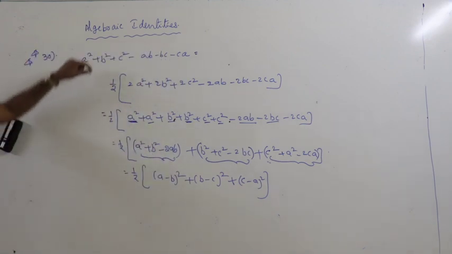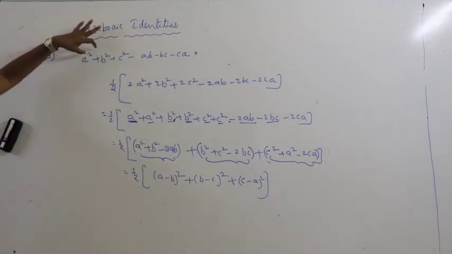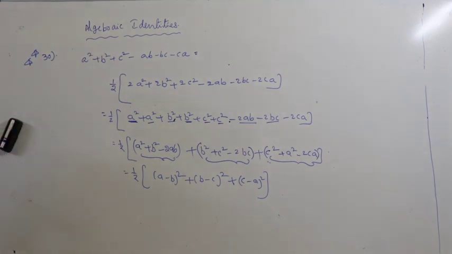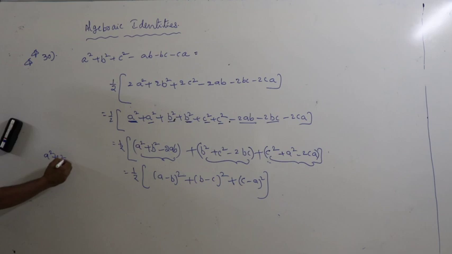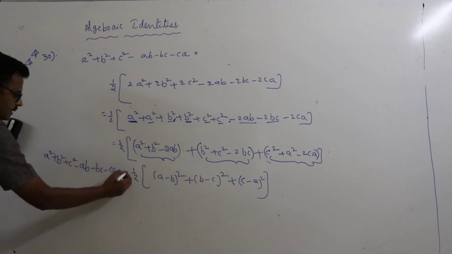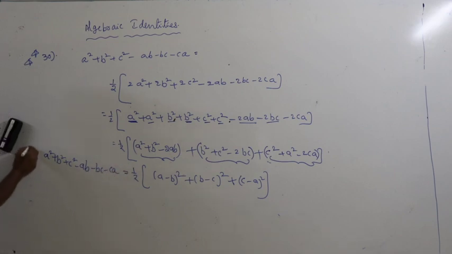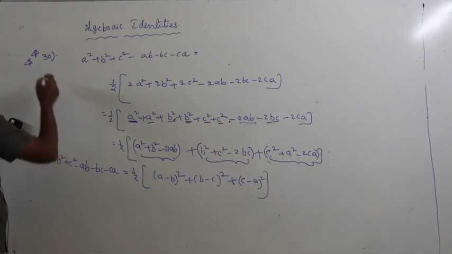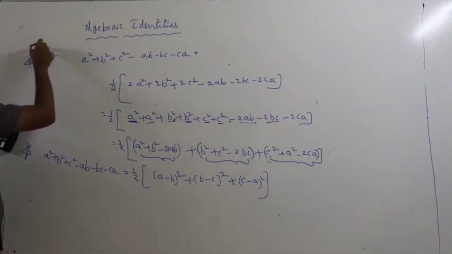So this expression can be reduced like this. So that is a square plus b square plus c square minus ab minus bc minus ca is equal to this. So this is an important point.